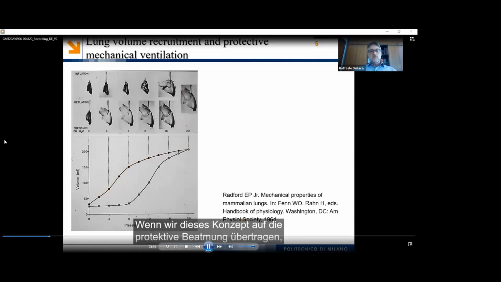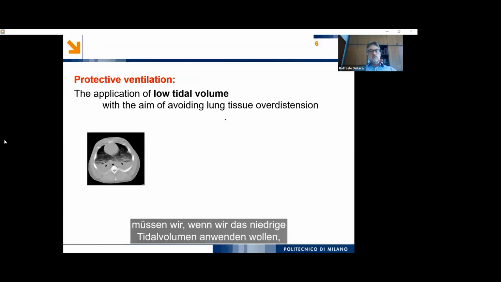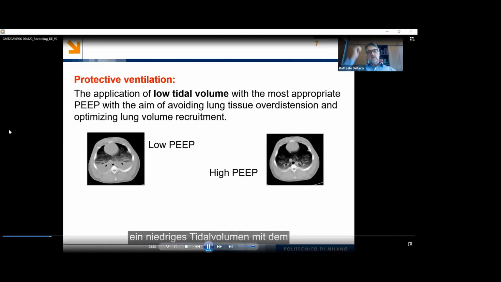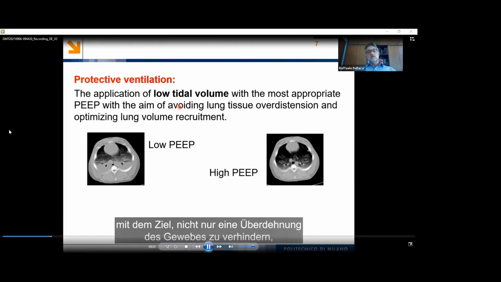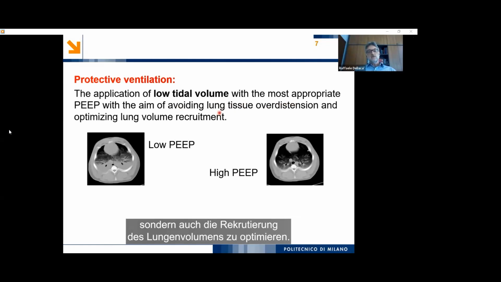So bringing back this concept to protective ventilation, when we want to apply the low tidal volume, we need to combine low tidal volume with the most appropriate PEEP, with the aim not only to avoid tissue overextension, but also to optimize lung volume recruitment.